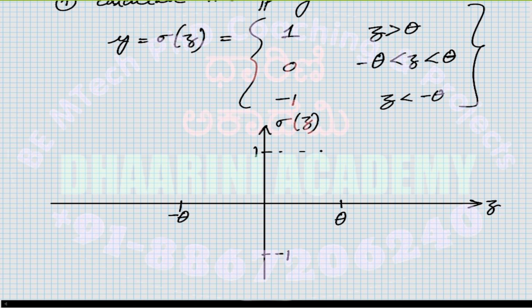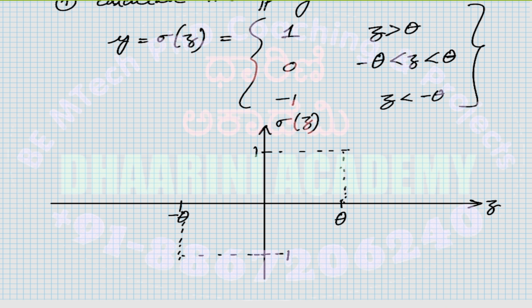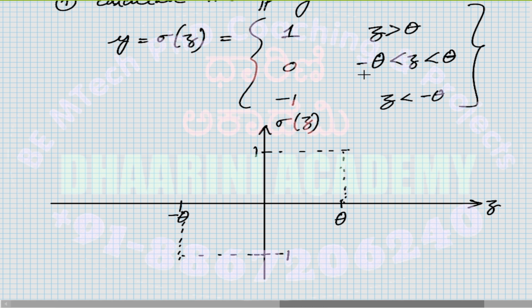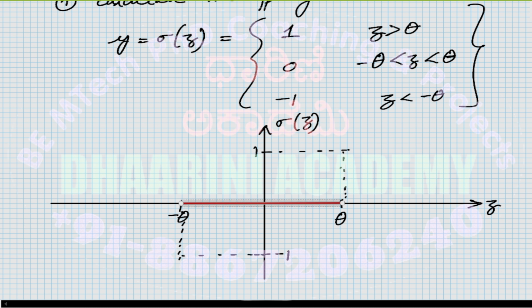At the point where z is equal to or greater than theta, I need a specific value, and also where this meets -1, I need another location. Now you see, I'll plot the activation function. This has to be 0 whenever z is between minus theta and plus theta. So this is the line.